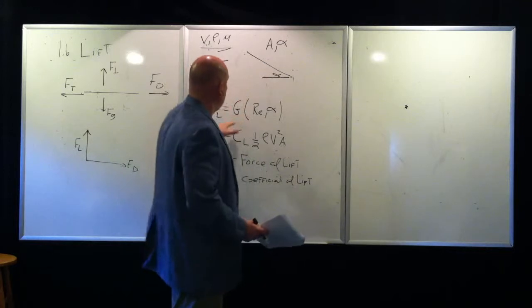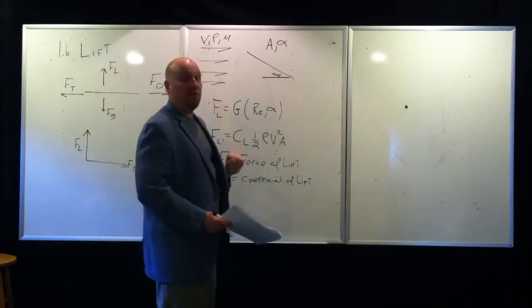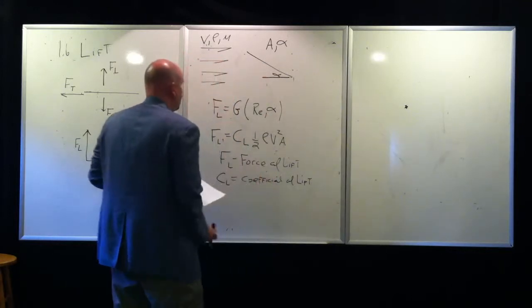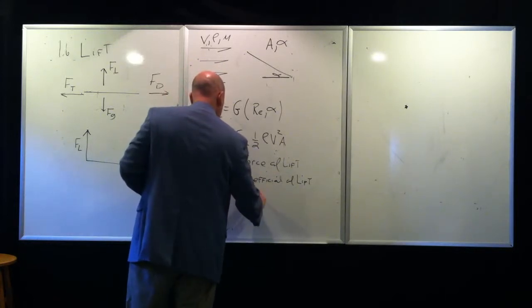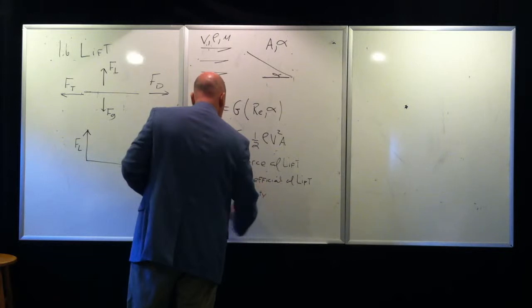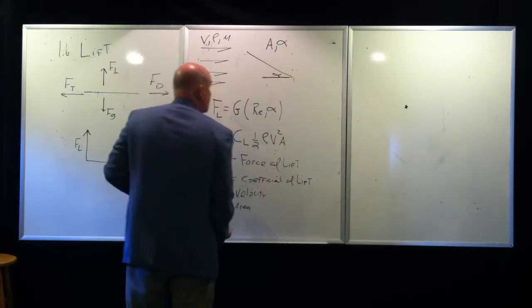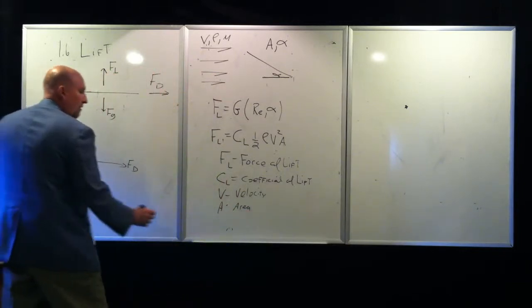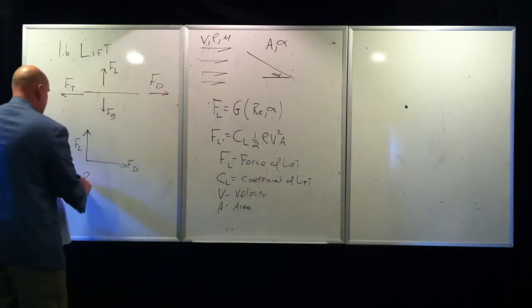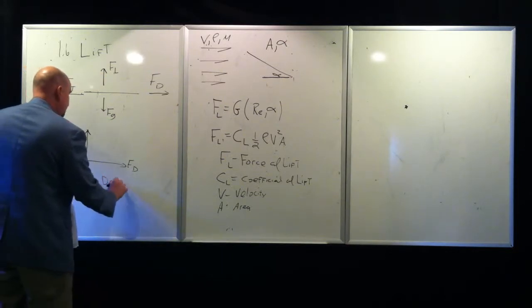However, there are some, and we're going to go over that, what you can use for a flat plate. V is velocity. A is area. We'll put back over here rho is density.